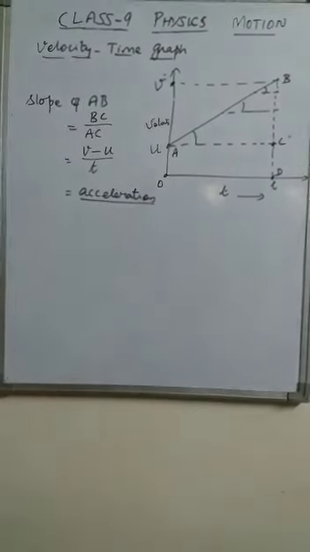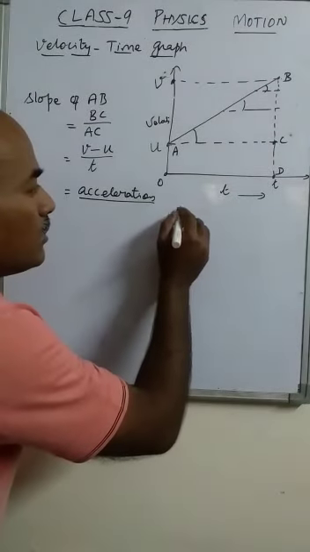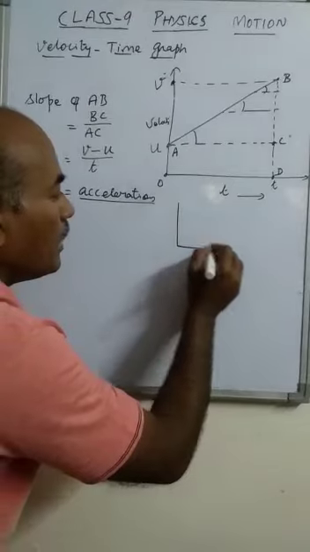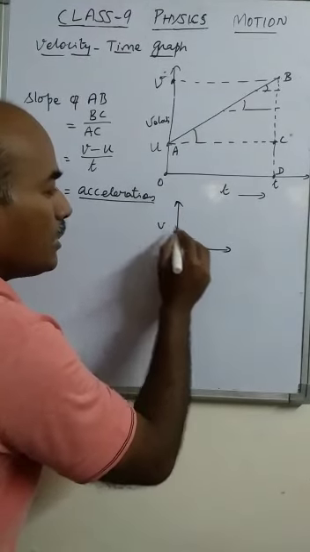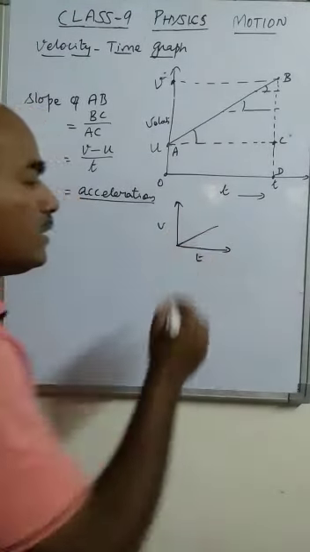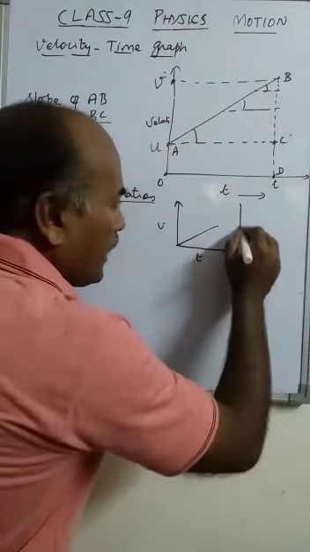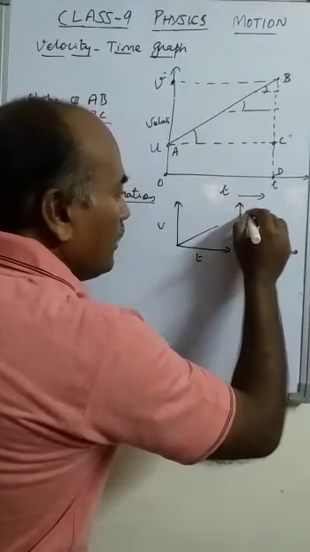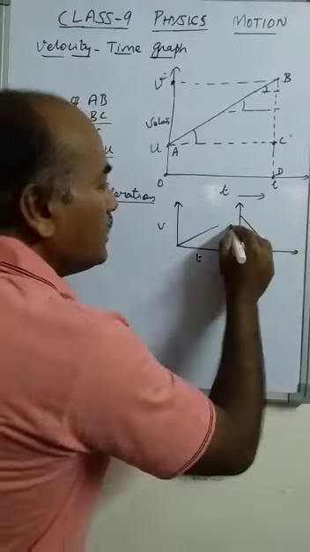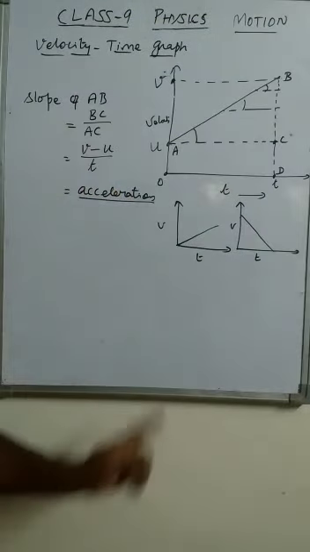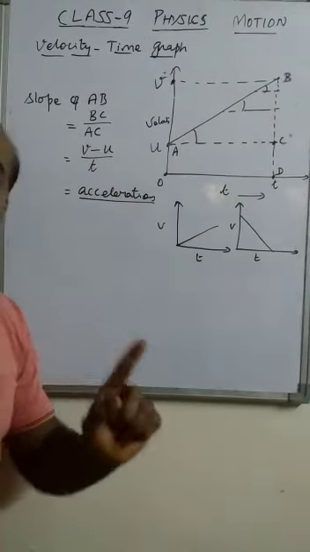In the same velocity time graph, if we obtain this type of graph, this is also a velocity time graph. The earlier one represents the object in uniform acceleration.